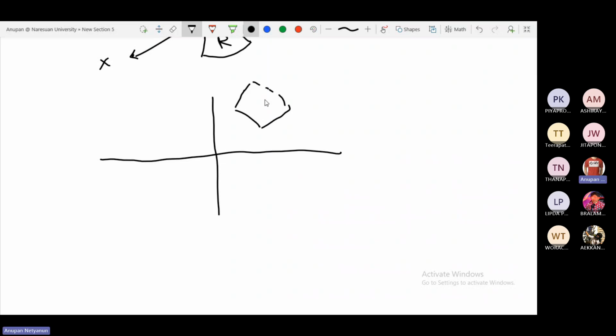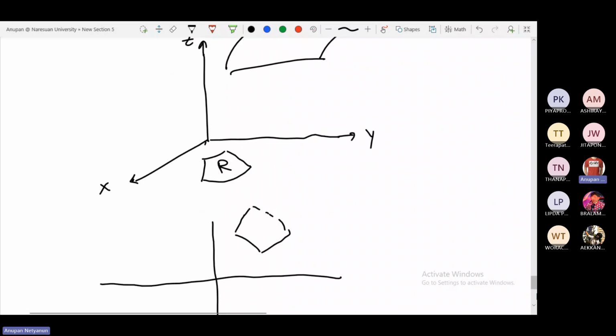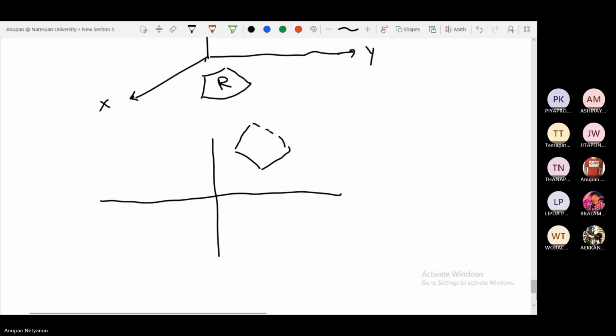Now you can see that in this case, again we have to think of everything in terms of r and theta. Let me look at this as theta.